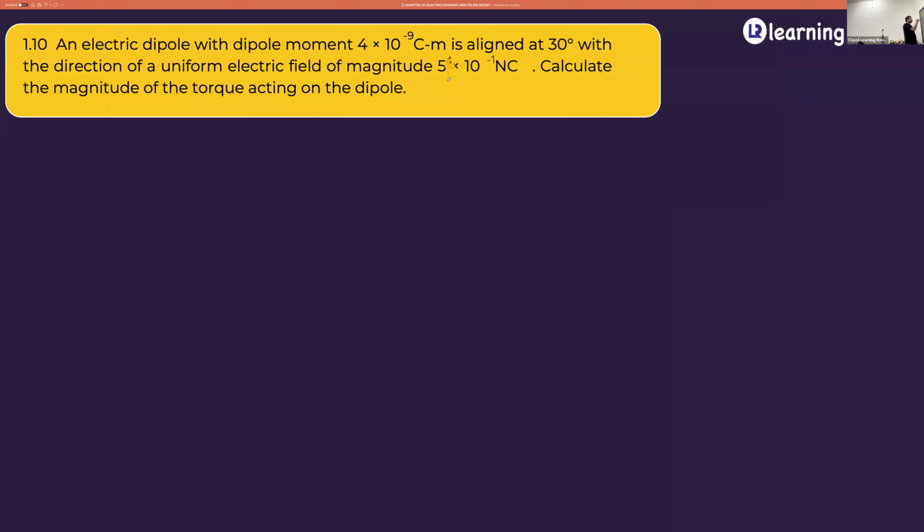It's very simple. You have an electric dipole with a dipole moment of 4 into 10 power minus 9 Coulomb meter.